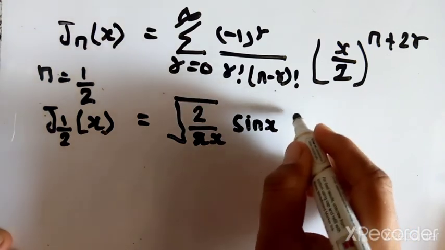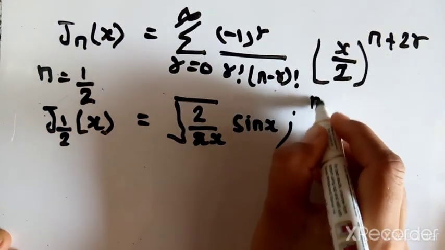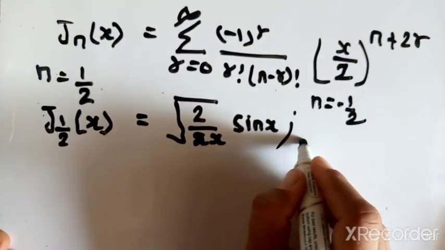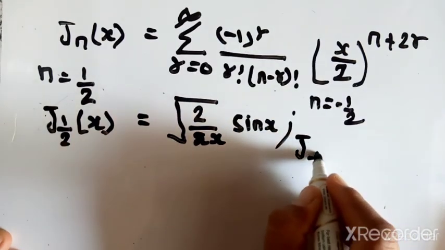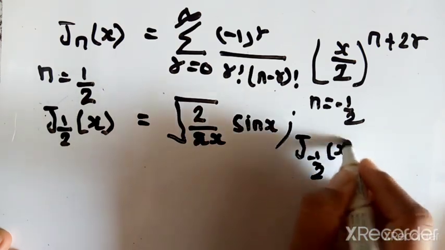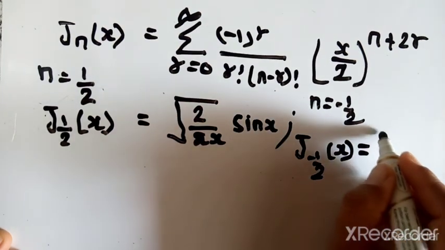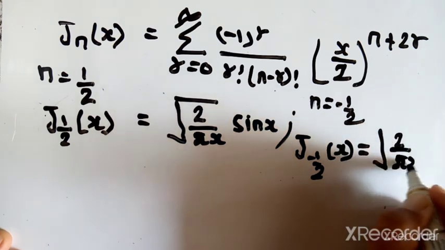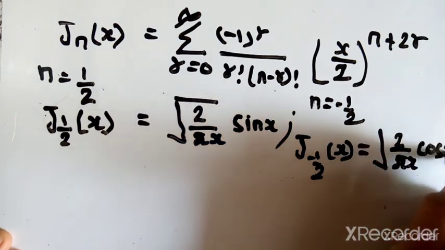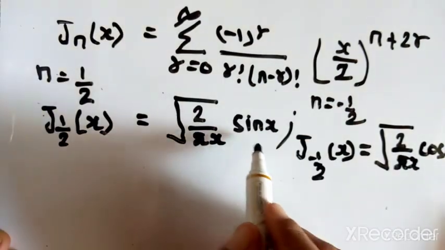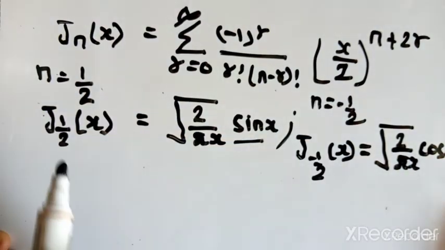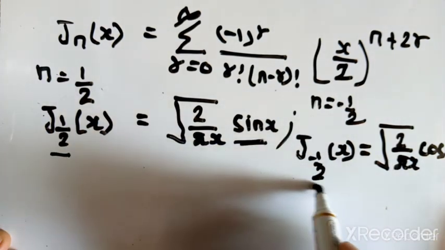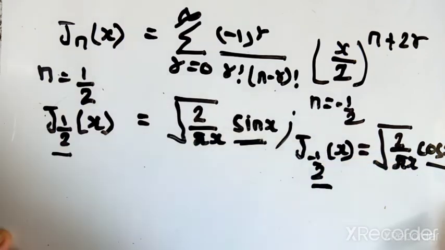Next, for n equal to minus 1 by 2, J minus 1 by 2 of x equal to root of 2 upon pi x into cos x.